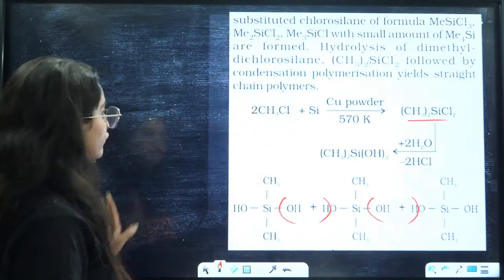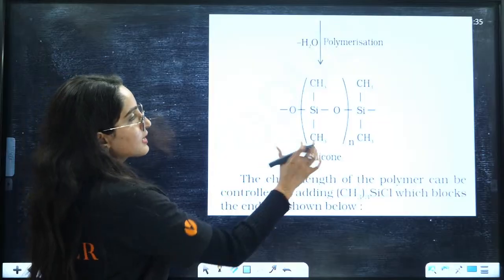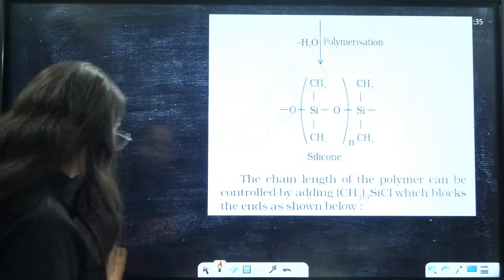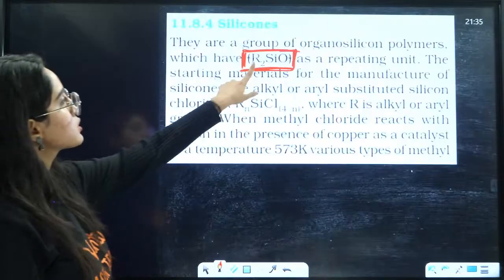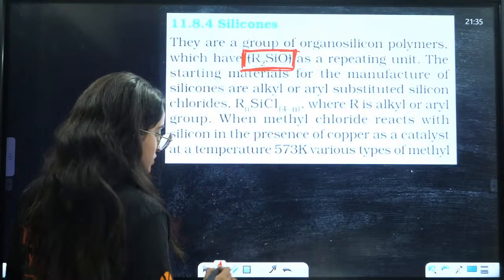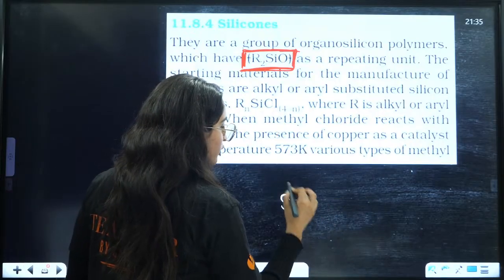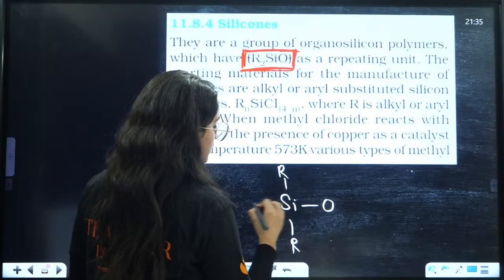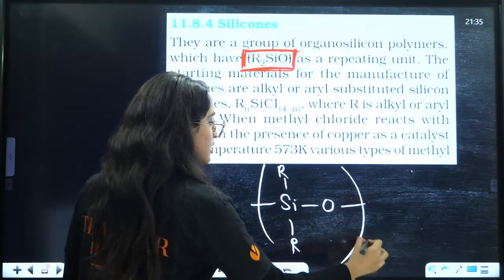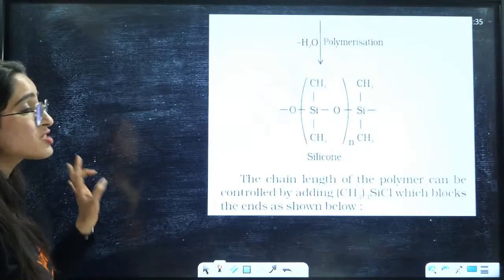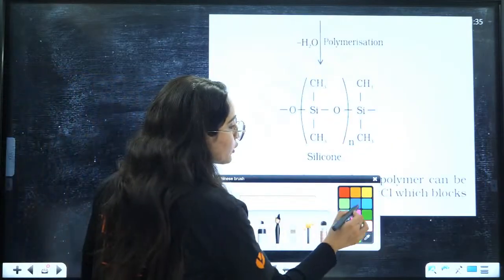Then you will have the formation of the silicone, which is a polymer. The regular unit is R2SiO: 2 alkyl groups, silicon, and 1 oxygen, repeated n times. That is called a silicone. Just remember the repeating unit here.